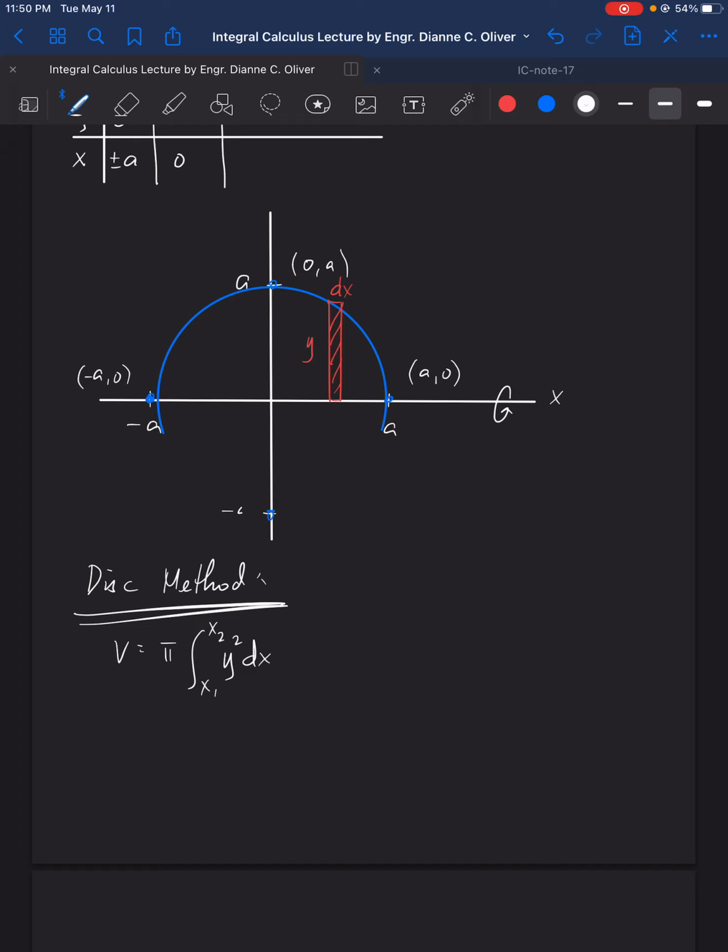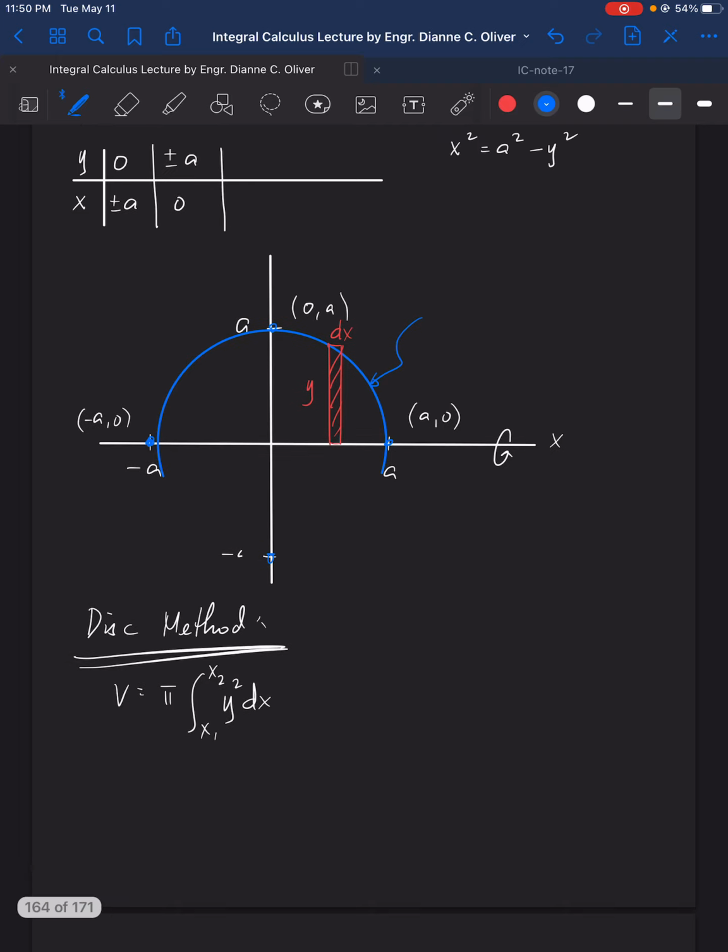Okay, therefore we now have, if we want y in terms of x, y squared is equal to a squared minus x squared, or y is equal to the square root of a squared minus x squared. So this is pi integral of the square root of a squared minus x squared, raised to 2, dx.